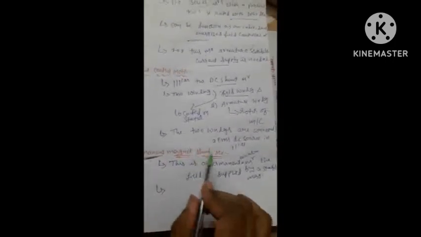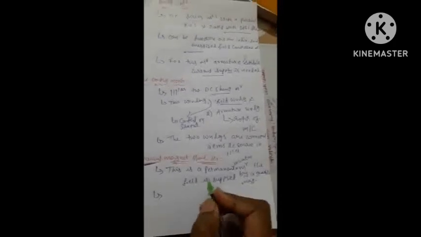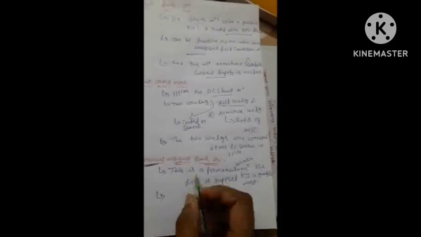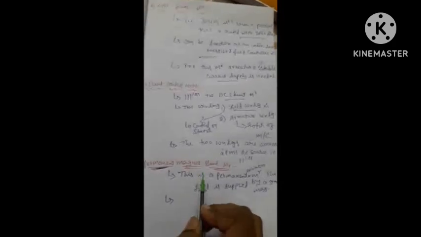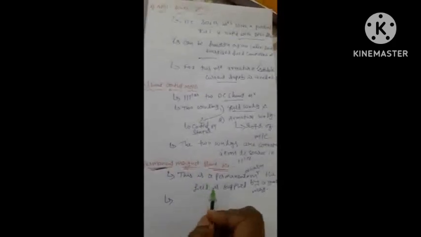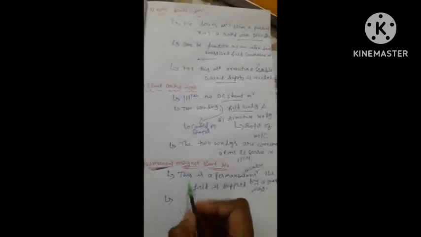So the next point regarding this permanent magnet shunt motor is that the motor performance is the same as that of the armature controlled permanent magnet field motor. This is similar.